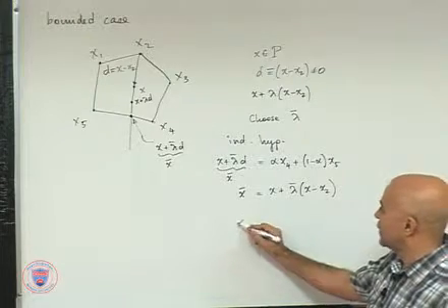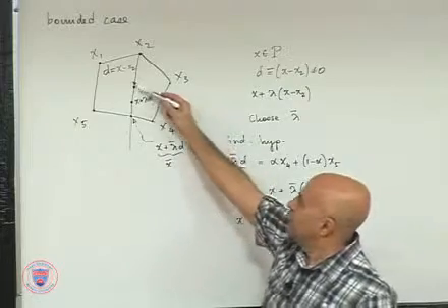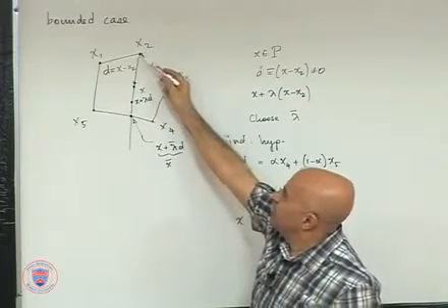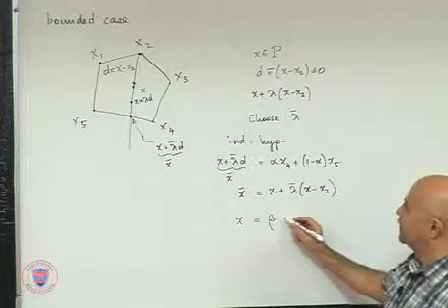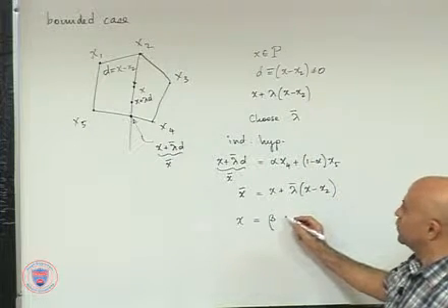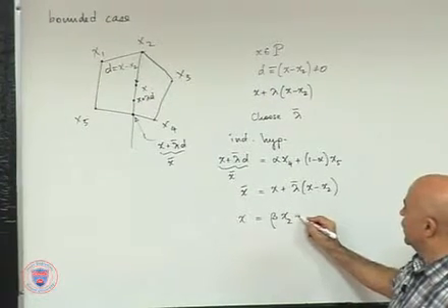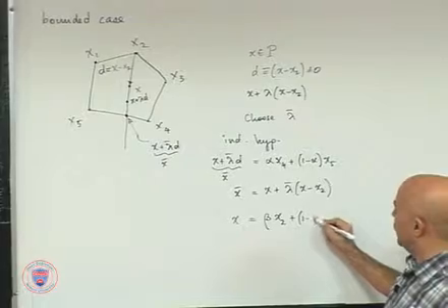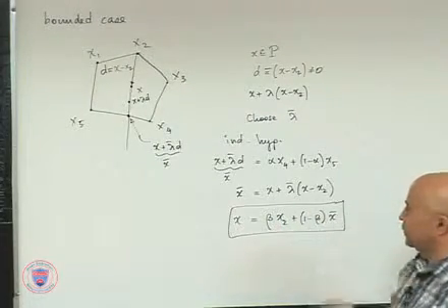From the picture you can see that x is a convex combination of x2 and x bar. So there's a beta, which you can figure out, which multiplies x2, and 1 minus beta, which multiplies x bar, which gives you x. Okay?